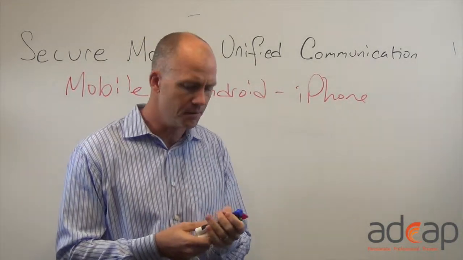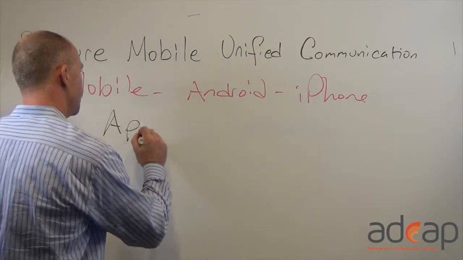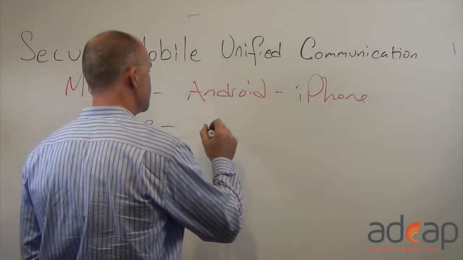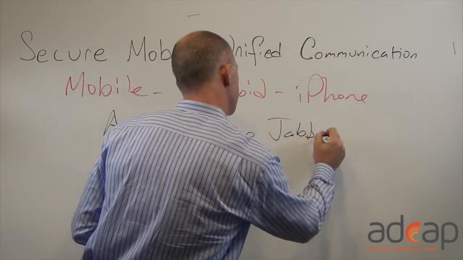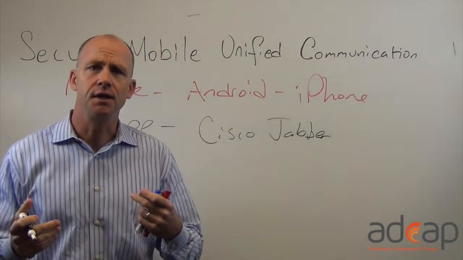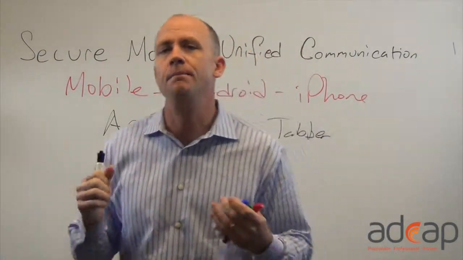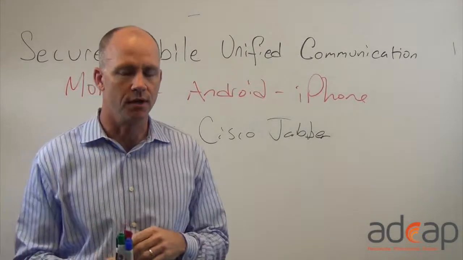I'll talk through a little bit of how that's done, but the app that is available in the stores right now and has been is the Cisco Jabber app. So the Cisco Jabber app, and being able to securely do unified communications on your mobile devices is one of the biggest changes that's happened in the communications world in a long time.